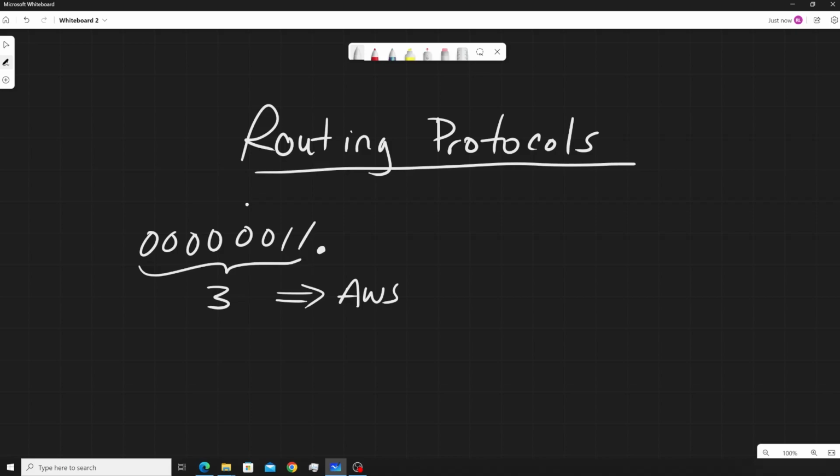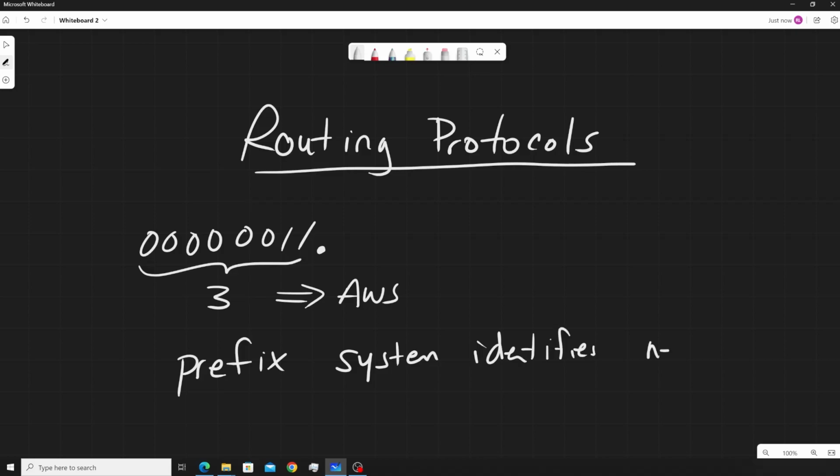So our prefix system identifies networks. And so all we really have to do if we see this prefix is get the message to one of AWS's servers.